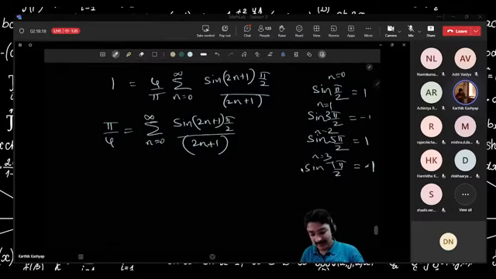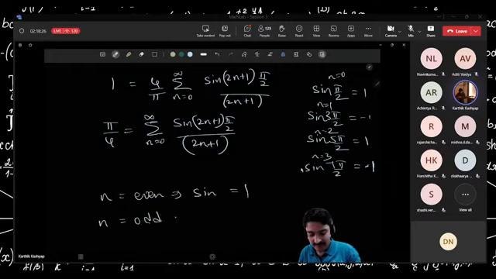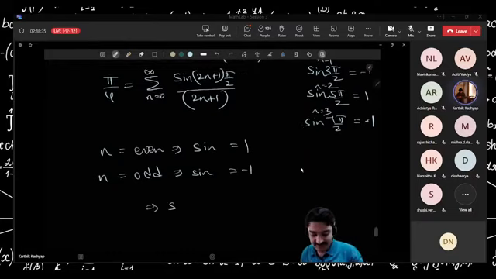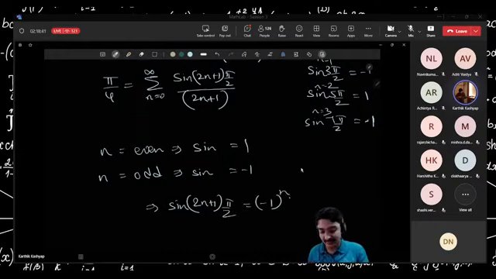So when n is even, we get sine value equal to 1, and when n is odd, we get sine value equal to -1. So we can write sin (2n plus 1) times pi by 2 as (-1) power n. That is, when n is even, (-1) power n is 1, and when n is odd, (-1) power n is -1.